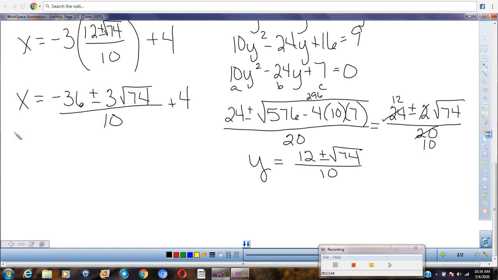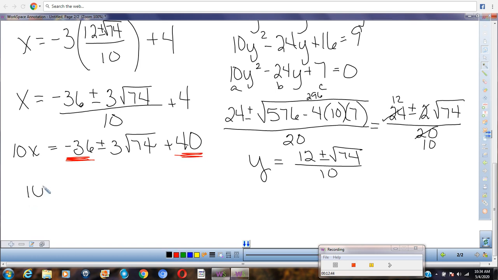probably clear the fraction. So I would multiply 10 times x. And here when I multiply this one by 10, my 10's cancel. So I have negative 36 plus and minus 3 square root 74 plus 40. By doing that, it makes it easier for me to combine these like terms, this negative 36 and the positive 40.